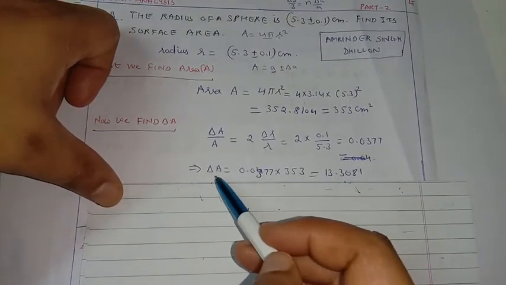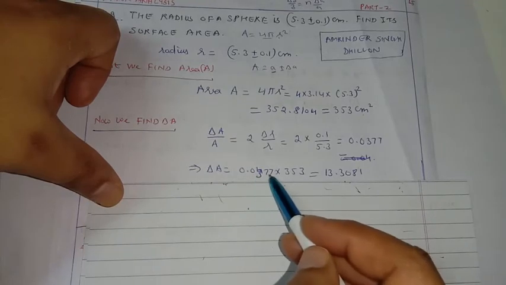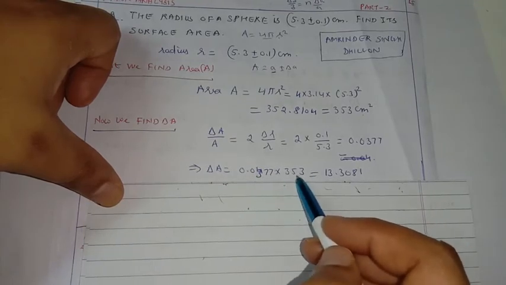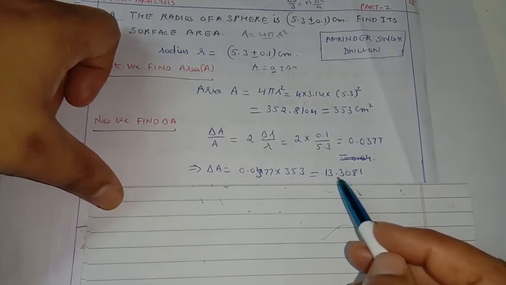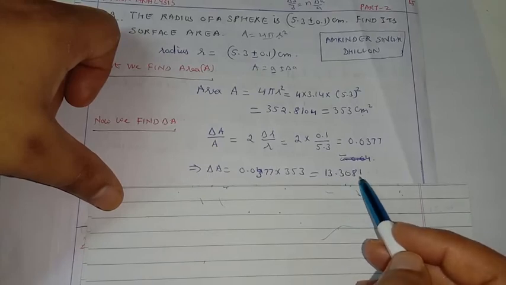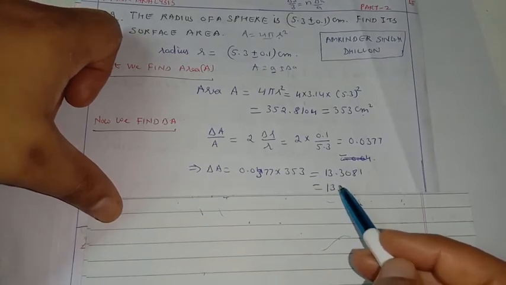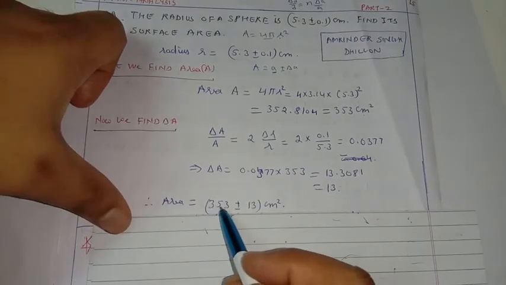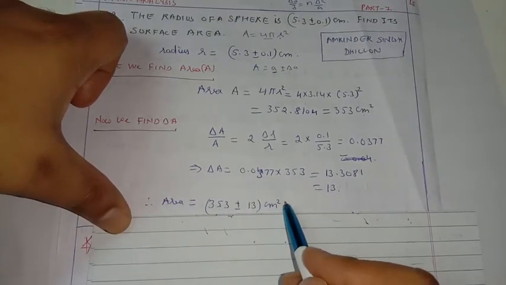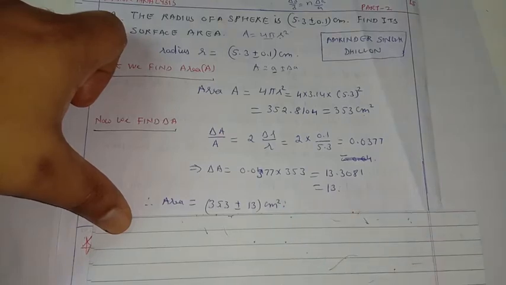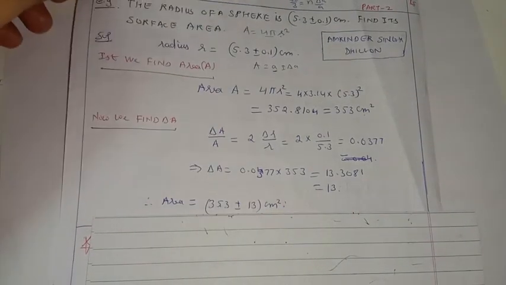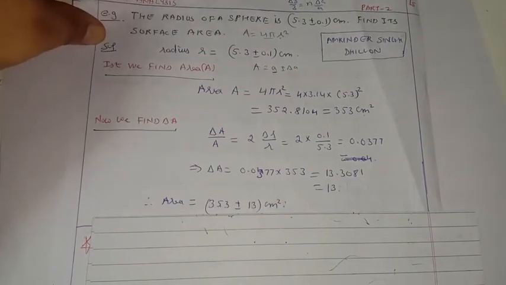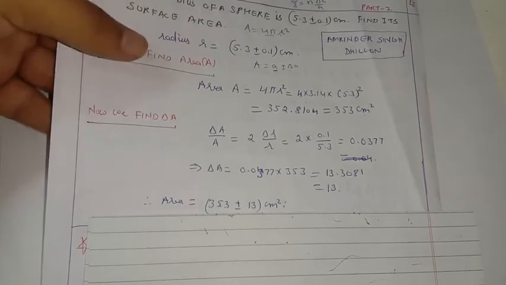So delta A will be equal to 0.0377 into 353, which gives us 13.3081, or it is equivalent to 13. So area is equal to 353 plus minus 13 centimeter square. In this way we can apply the result to get the final answer when a quantity is raised to some power.